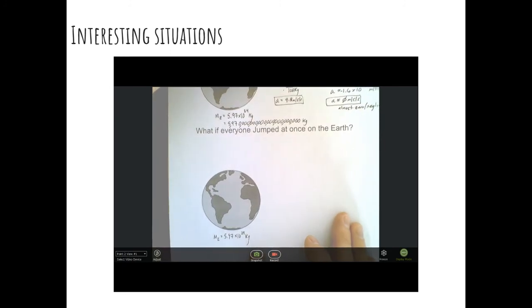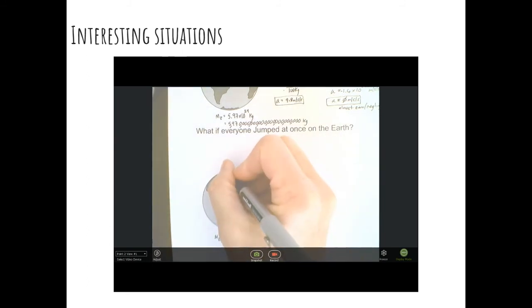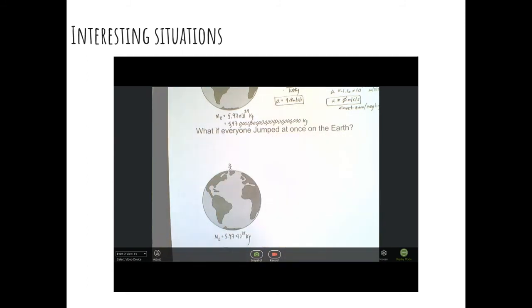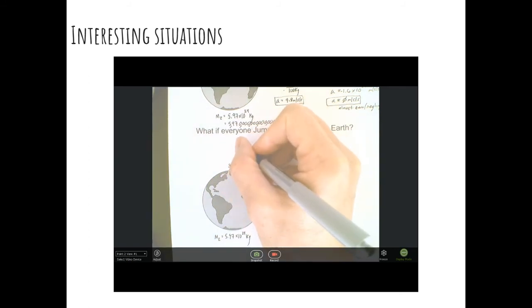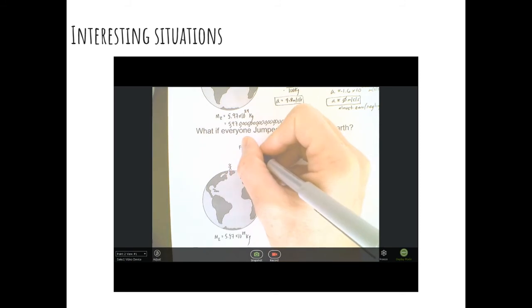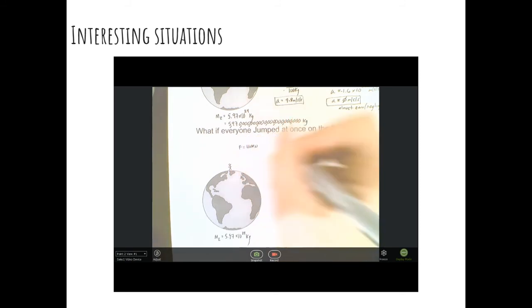Well, let's look again. Now we got a big person. Again, the scale is ridiculously off. This would be the biggest thing that ever existed, and biggest organism that ever existed. Let's say that you jump. Let's say that the force of one person's jump is 1,000 newtons of force. It's not a particularly strong jump, but whatever. Let's say they push down on the Earth with 1,000 newtons of force.